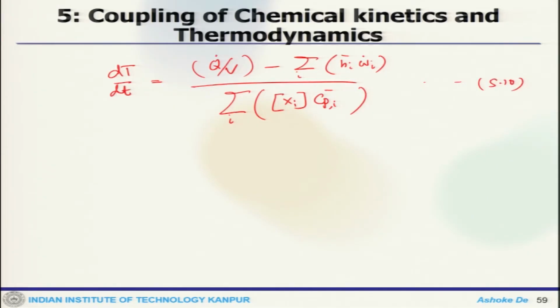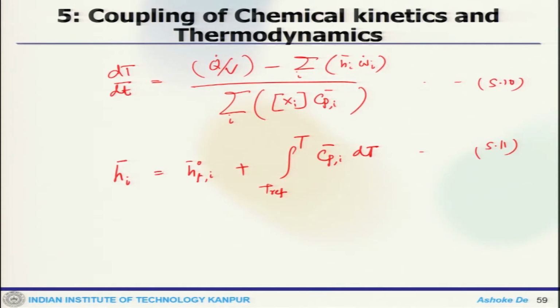Now, once we use the calorific equation of state, which states that h_i bar is h naught f_i plus the integral from T reference to T of Cp_i dT, that is what we get.